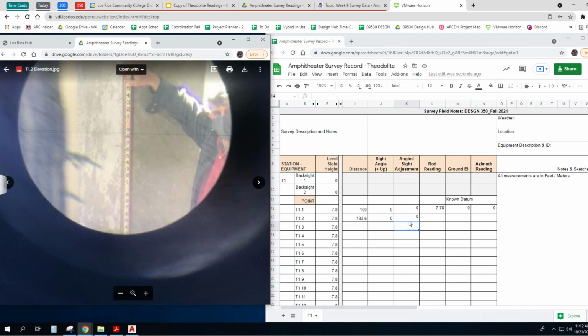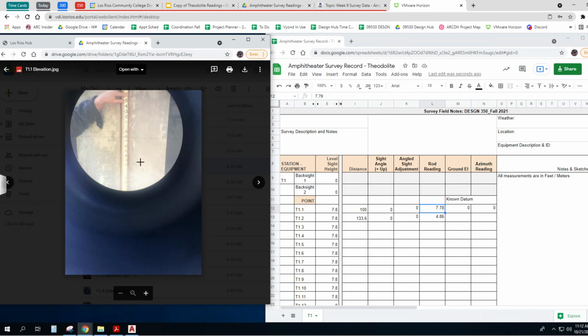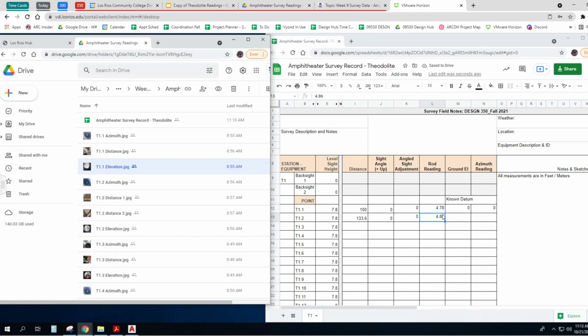Maybe 4.86. Was that other one 7.78 or 4.78? I gotta go back. It was 7.8. Hold on. No, there's my 5-foot mark. It's 4.78. See, you always got to be careful, right? It's so hard to read these, right?